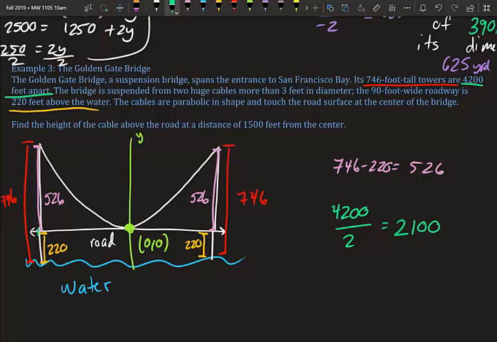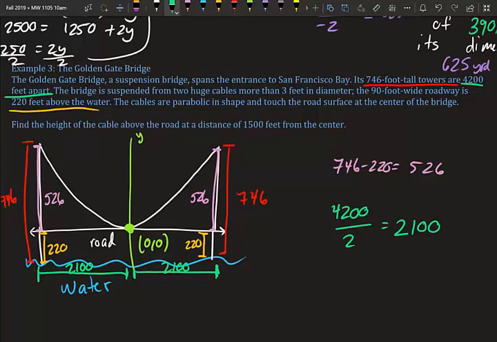So from here to here, actually, let me move that in a better spot. So from here to here, it's 2,100 feet. And that's the same thing for here to here, 2,100 feet.